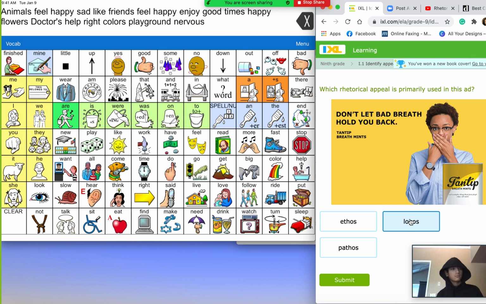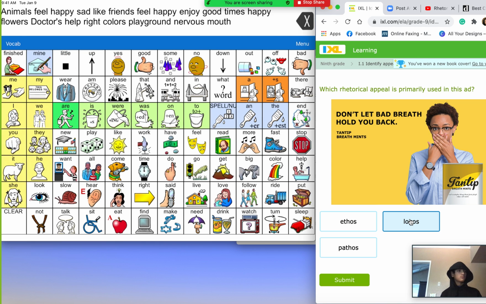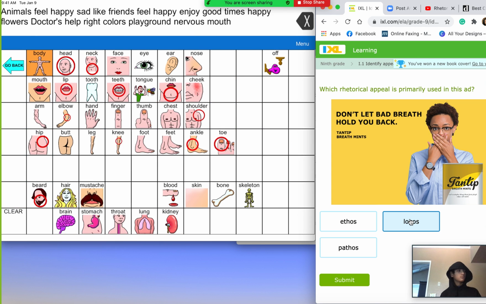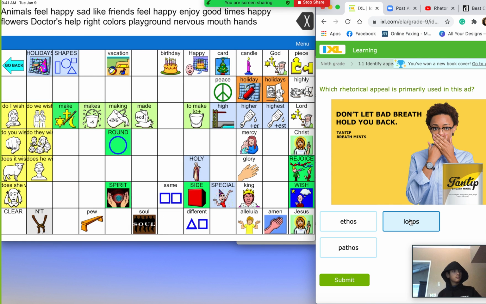When they talk about bad breath, what body part do you think we're talking about? And she's covering her mouth with her what? With her hands, yeah. And what's she got on? She's wearing glasses, right? Remember where all of our accessories are?